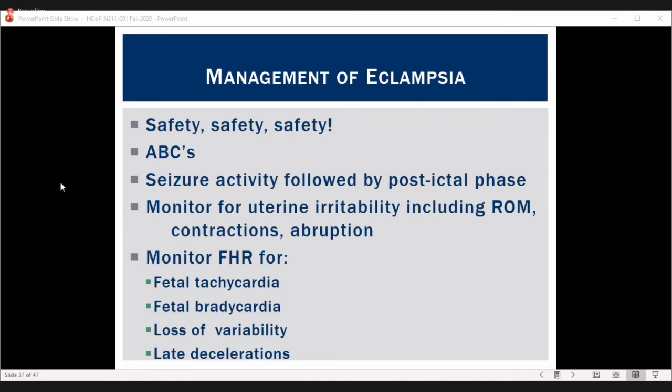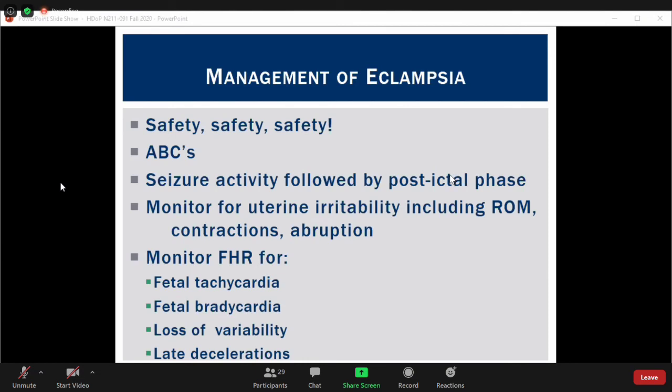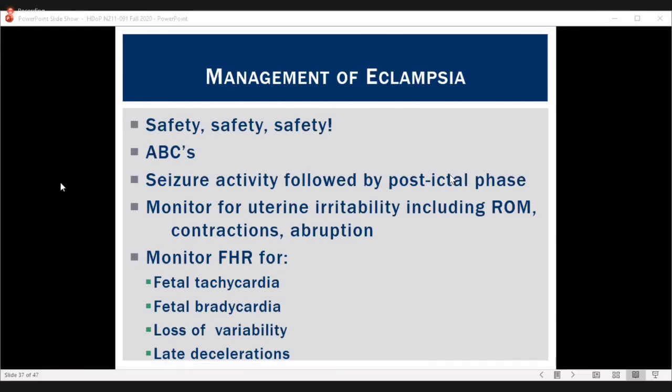Typically what you will see in an eclamptic patient is more of a tonic-clonic seizure. I'll post something about that, but here's what I want you to remember. Most patients, when they have a seizure, the first thing is safety.